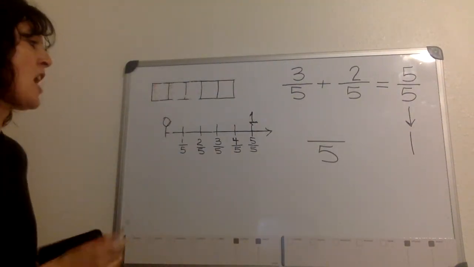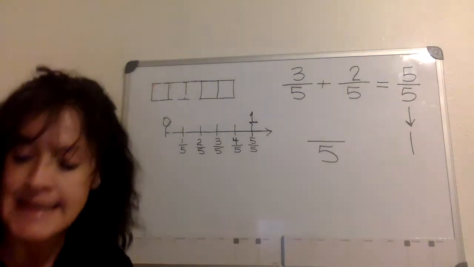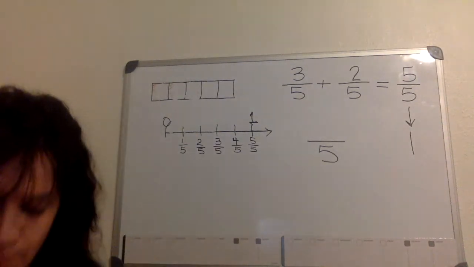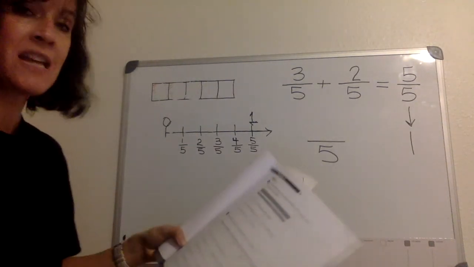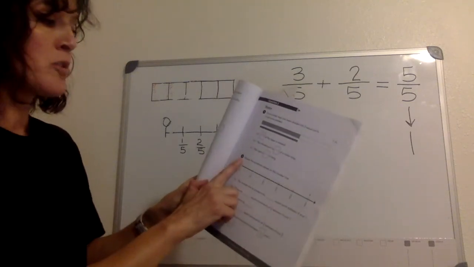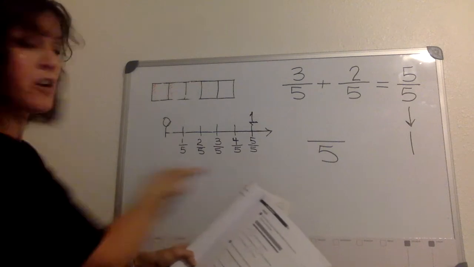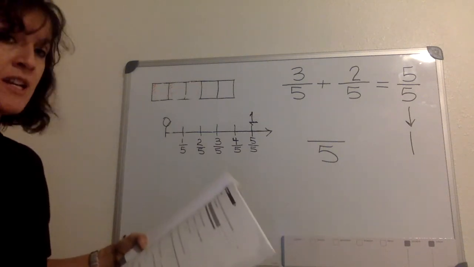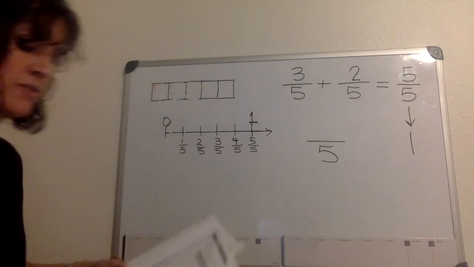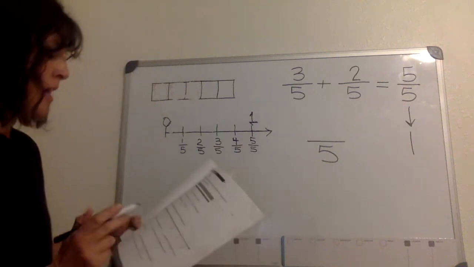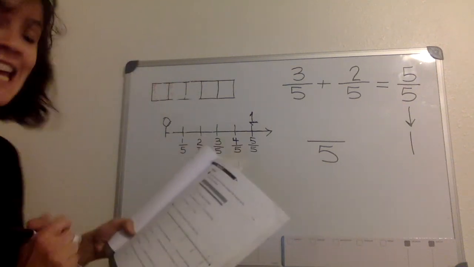Now that we've got this set up, let's go ahead and see what they're asking us on page 37, number 2. They basically have the same thing I have here, that little number line, divided into 5 equal parts, okay? Oh, and look, letter A, what does it say?